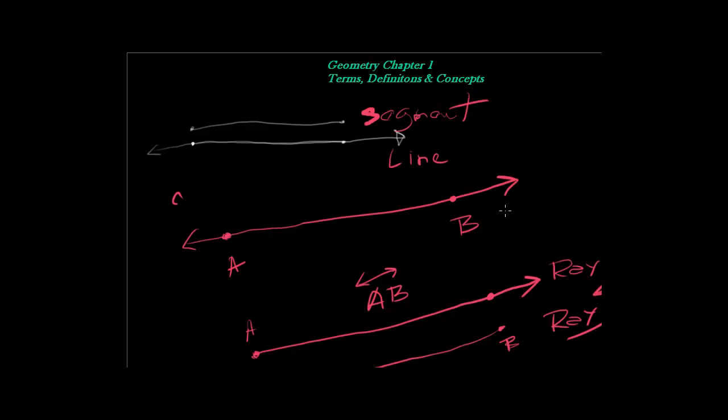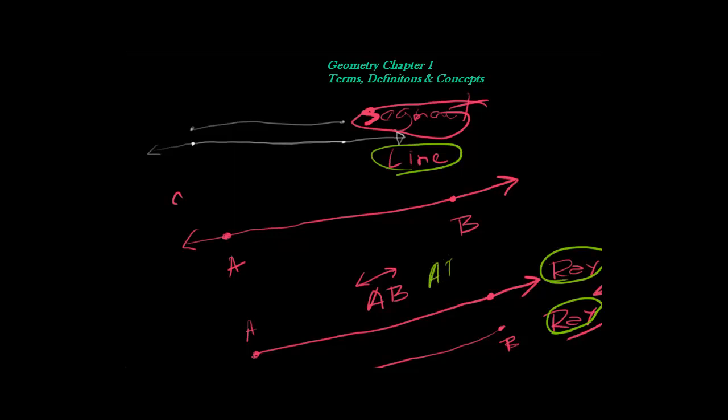And here's the thing that should give you a headache. If we look at this line segment up here, or the line, or the ray to the right or the ray to the left, they are all an infinite collection of points. In fact, they all contain the same number of points, which really kind of should give you a headache.